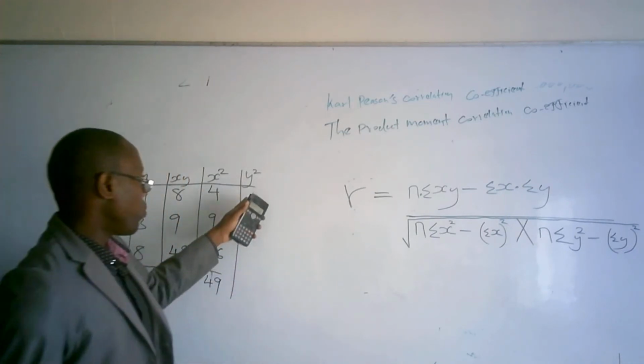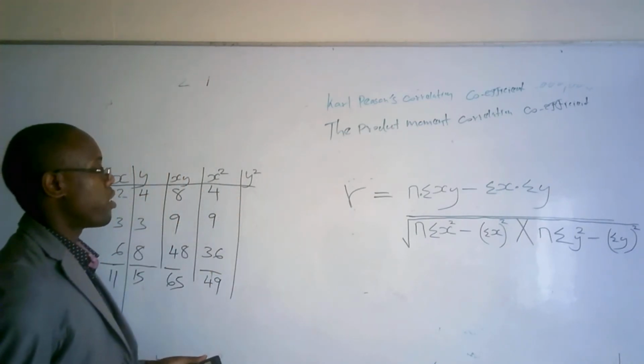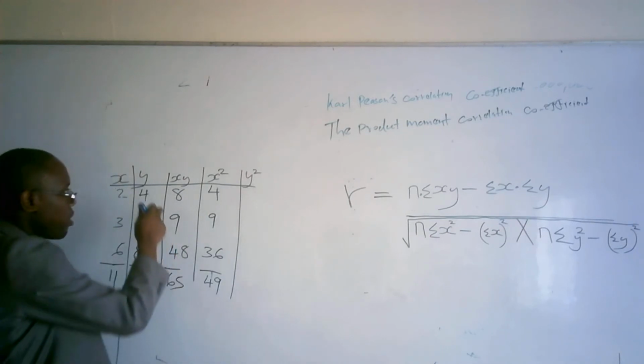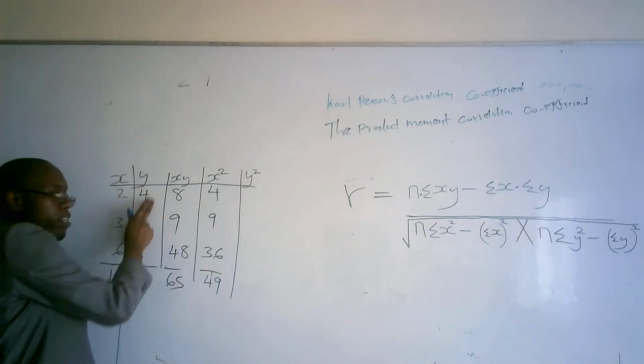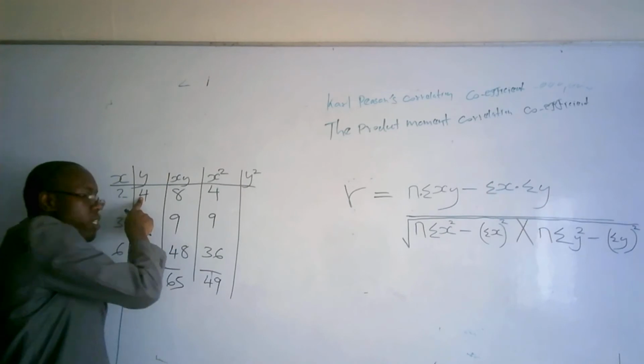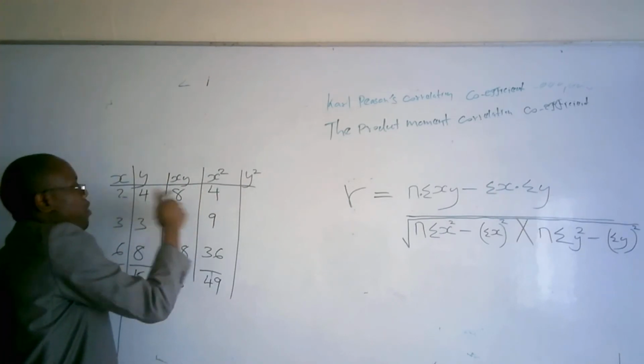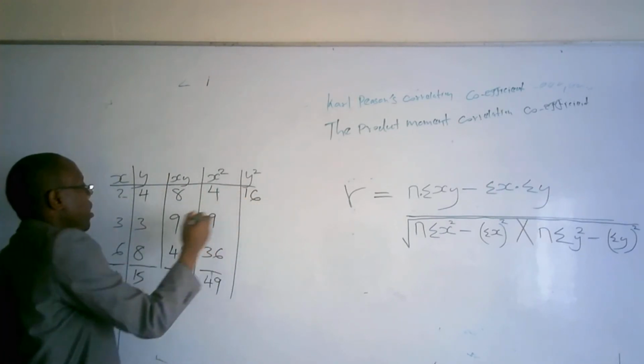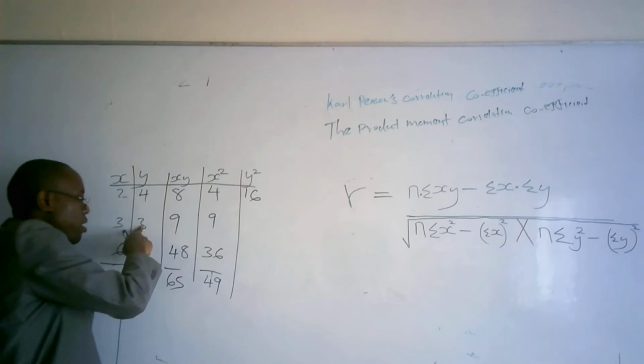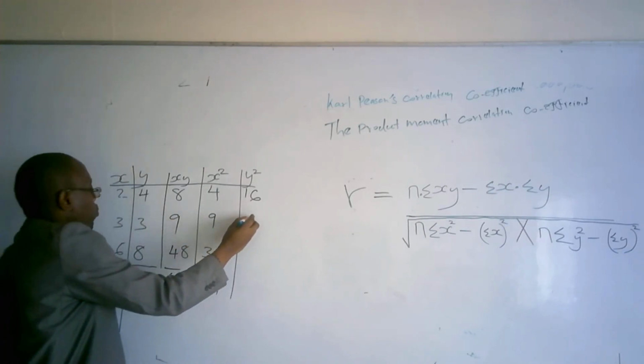And then you should be able to get y squared. And y squared is squaring the values of y here. So it is going to be 4 squared, which is going to be 16, and then you are going to have this 3 squared, which is going to be 9.